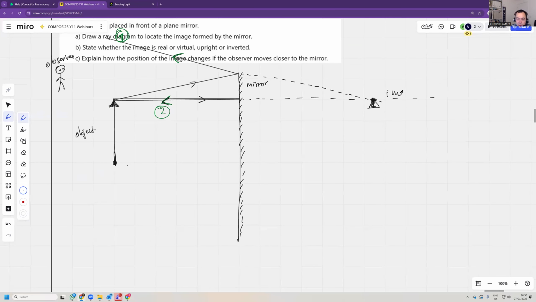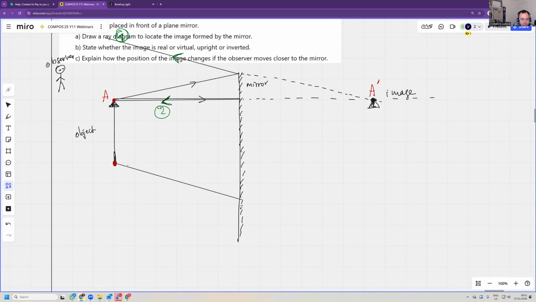So that's the image. If you consider the bottom of the object, this is, let's say, point A, and this is A dash, that's the image of point A. Now you can do any two rays. It doesn't have to be perpendicular, but I'll do it neatly.